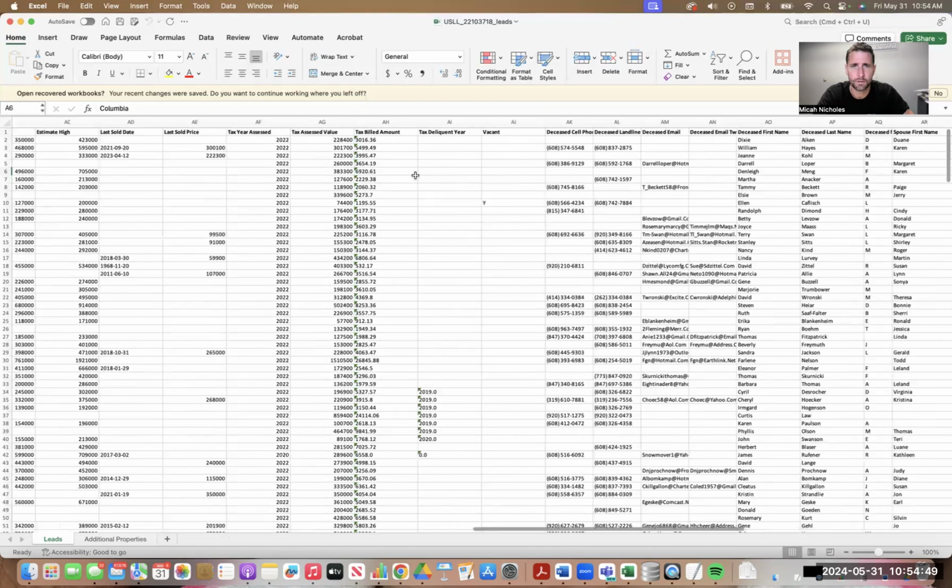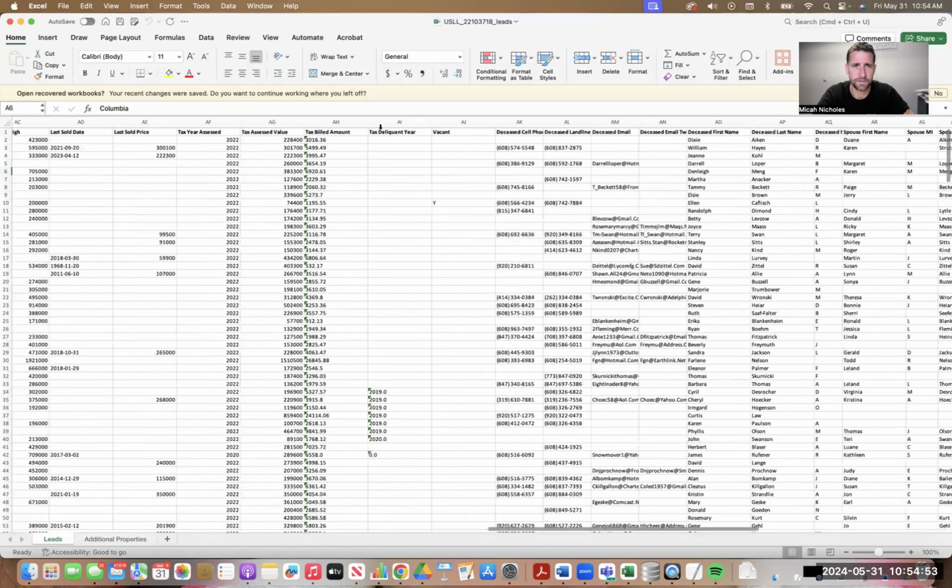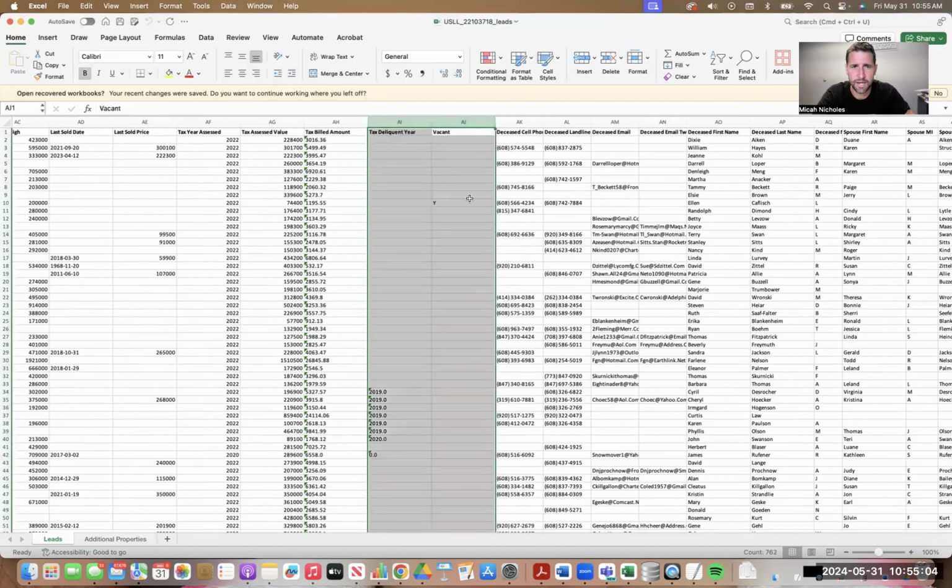So in this, there's two fields that are important as far as the list stacking that we do for y'all. And it's these two here, AL and AJ. Both are important and you should use them to market in different ways.